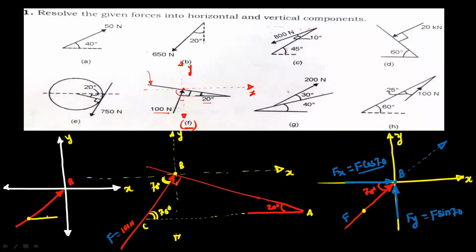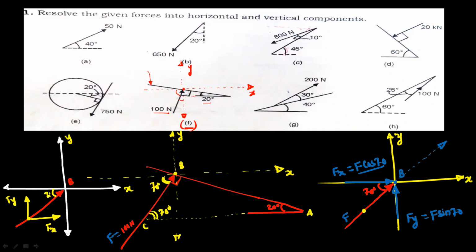In the same direction we have to draw the component. So this is the x component. Draw the second vector parallel to y-axis like this. So this is your x component, this is the y component. Now the angle known with respect to x-axis is 70 degrees.